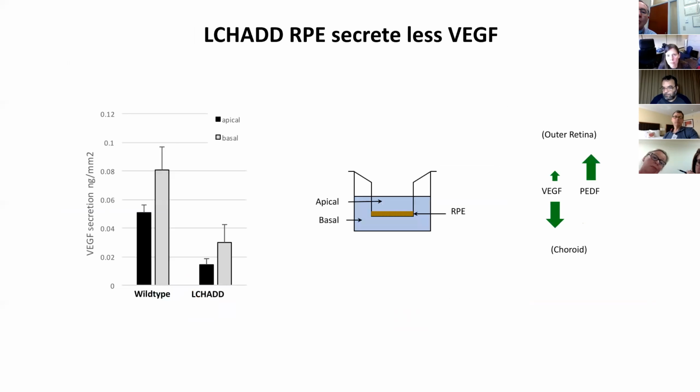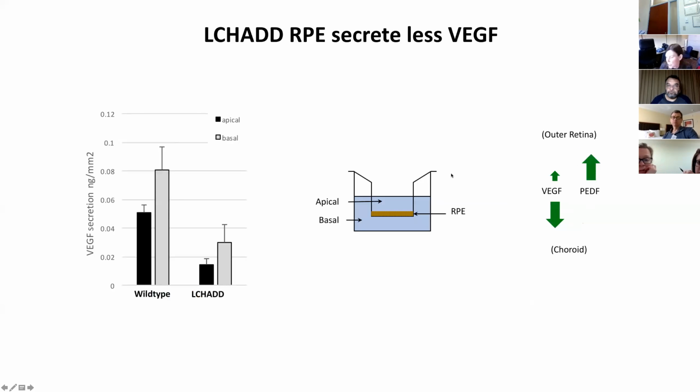Another feature of RPE being a polarized cell is that they secrete particular factors preferentially either apically or basally. Two examples of this are that they secrete VEGF basally to support the choroid, and PEDF, which actually inhibits VEGF, is secreted into the outer retina.